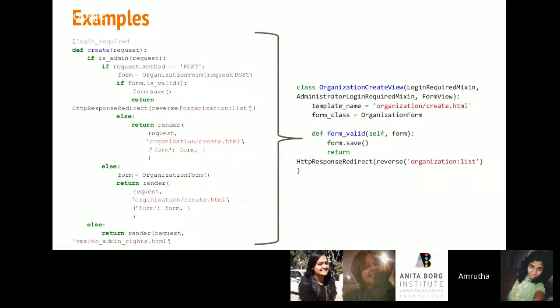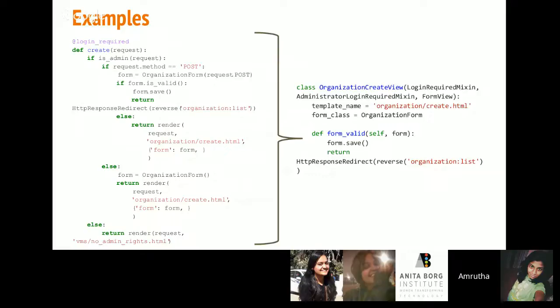This is a function that we use for creating an organization object, that is, to create an organization. On the left side you can see the former one, that is the function-based view to create an organization. Here we have a function named create.